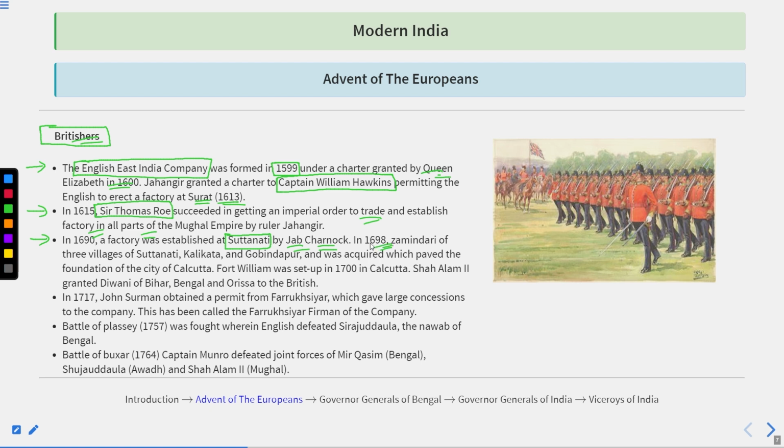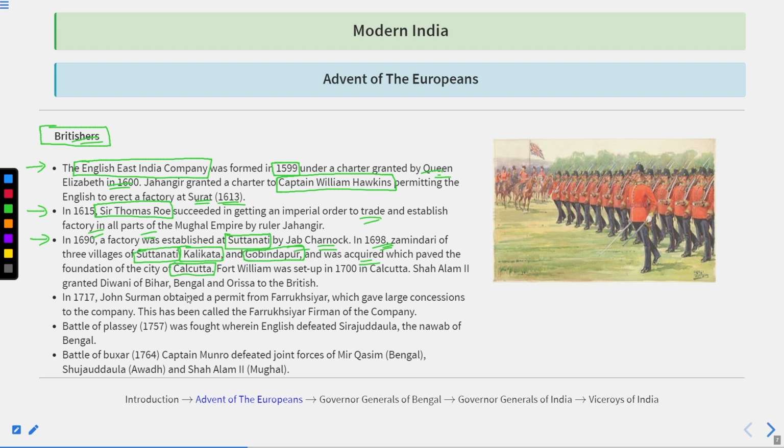Thereafter, in 1698, the zamindari of three villages, Sutanuti, Kalikata, and Govindapur, was acquired by the Britishers, and that ultimately paved the way for the foundation of the city of Kolkata, the present-day capital of West Bengal.